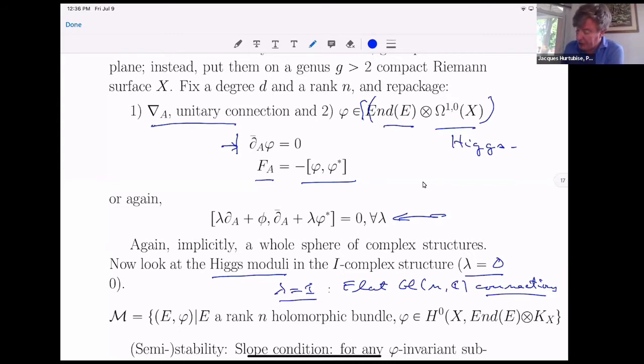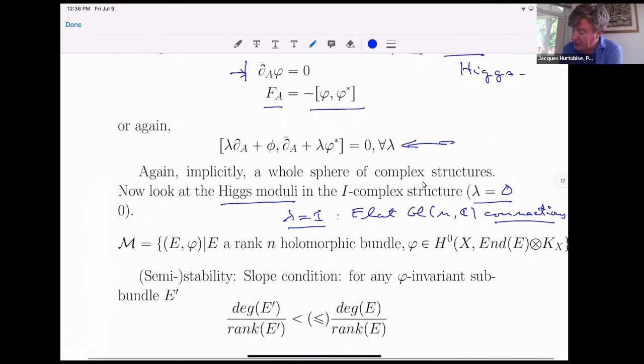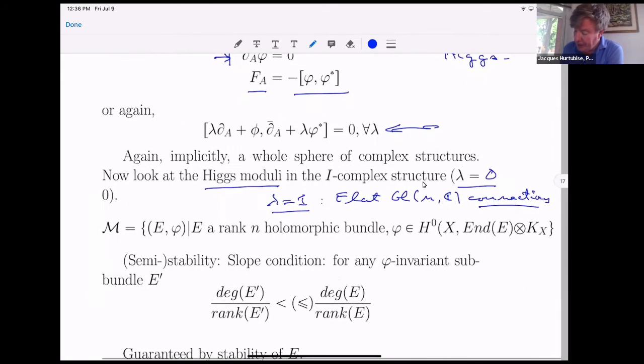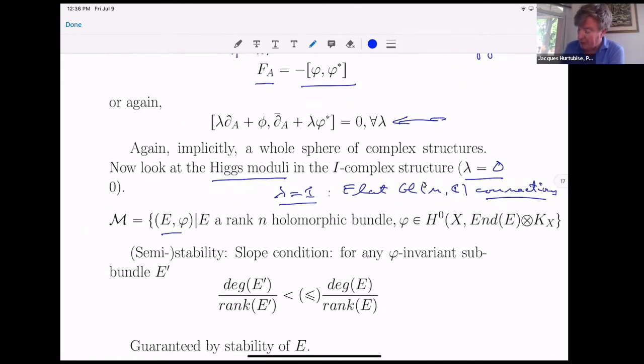But for the moment we're just interested in this (E, phi) business. So our moduli space is a space of pairs: E, a rank n holomorphic bundle, and phi, a section of the endomorphisms tensor the canonical bundle.